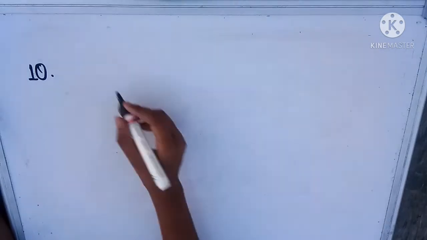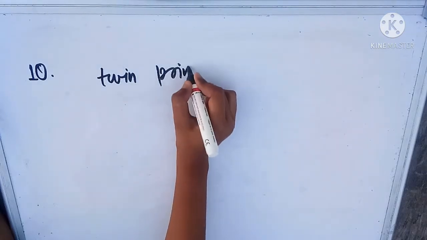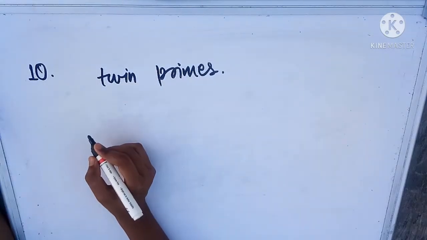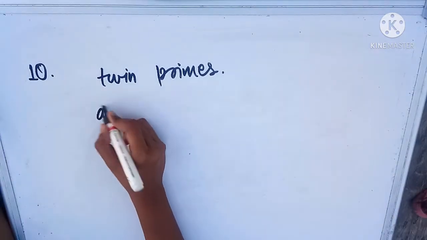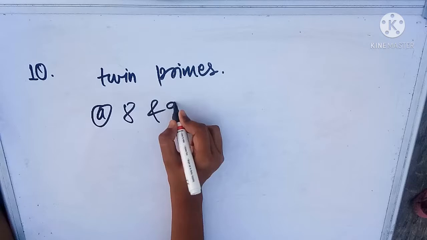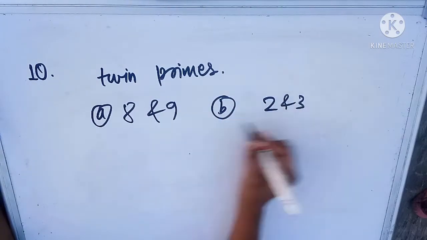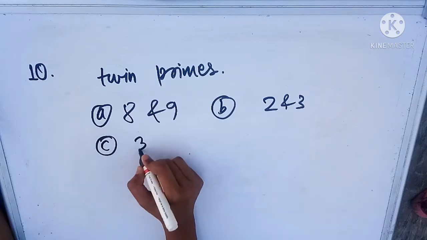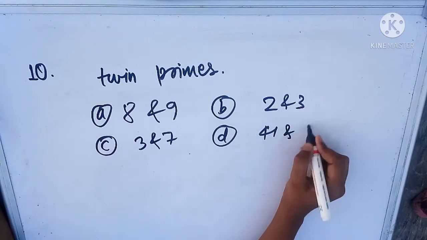Which pair of numbers below are twin prime numbers? Here such numbers are given and we have to find the pair of twin prime numbers. Option A is 8 and 9, option B is 2 and 3, option C is 3 and 7, and option D is 41 and 43.